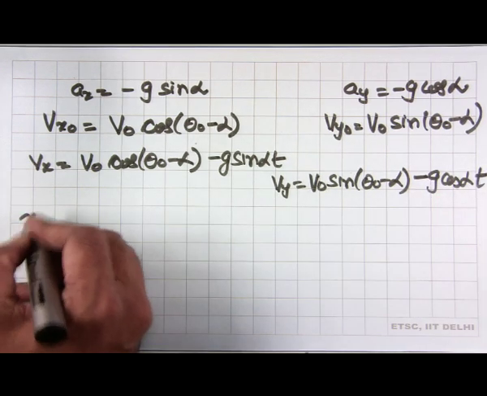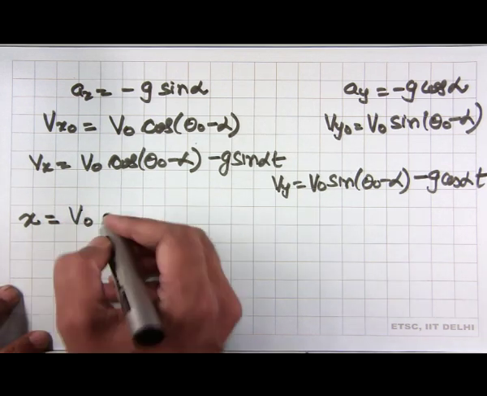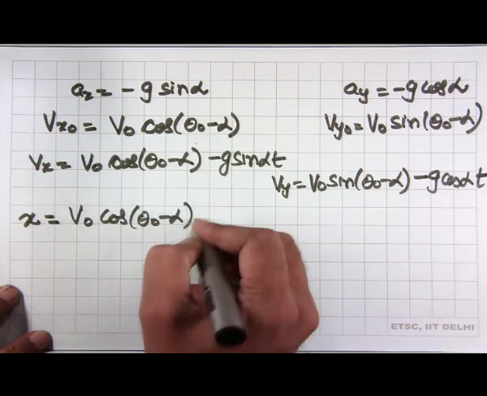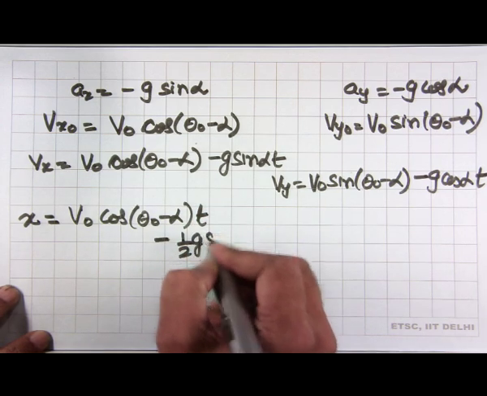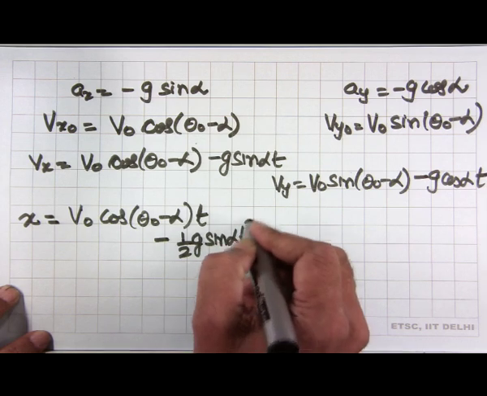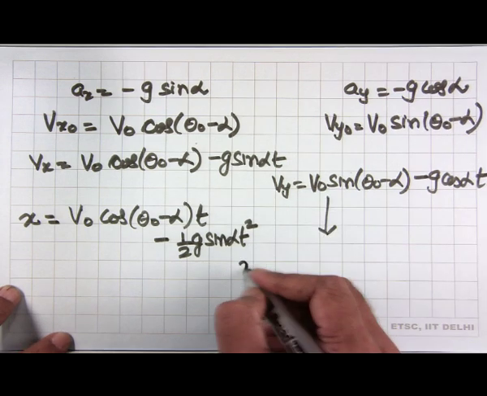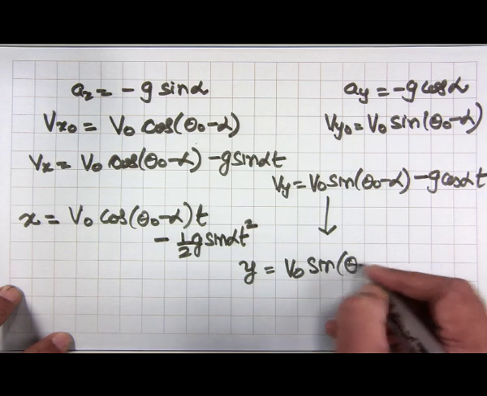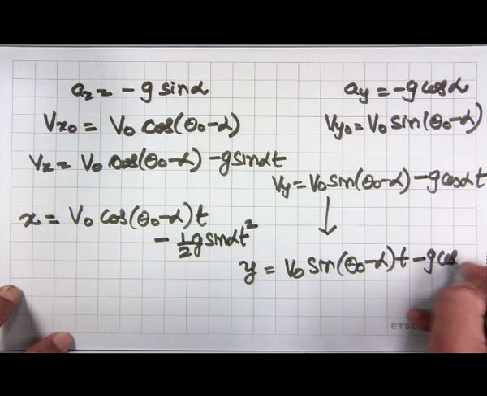Then for the x component, x will be equal to v0 cosine of theta 0 minus alpha t minus half g sin alpha times t square, and y is equal to v0 sine of theta 0 minus alpha t minus g cos alpha t square by 2.